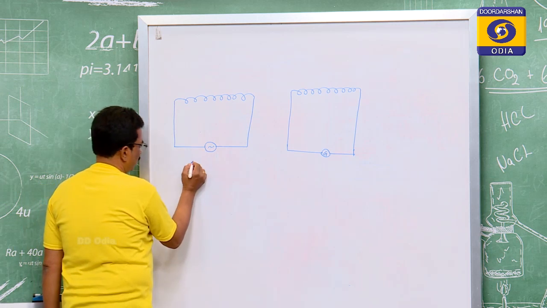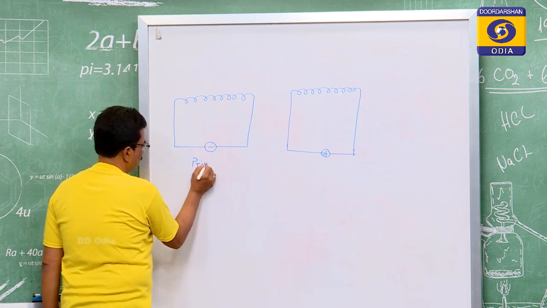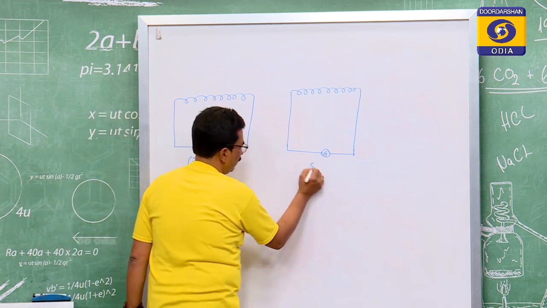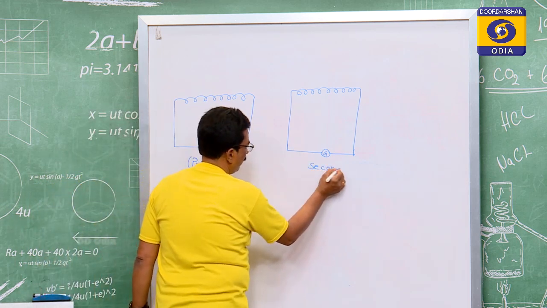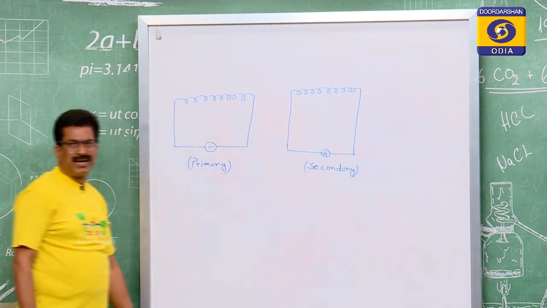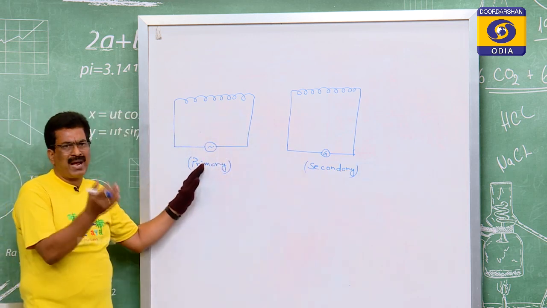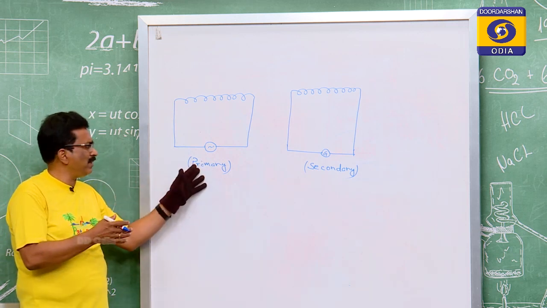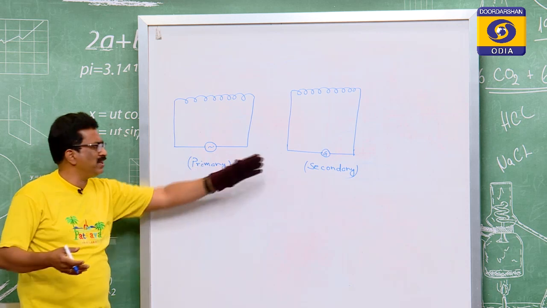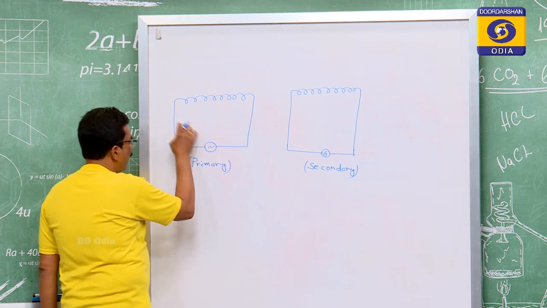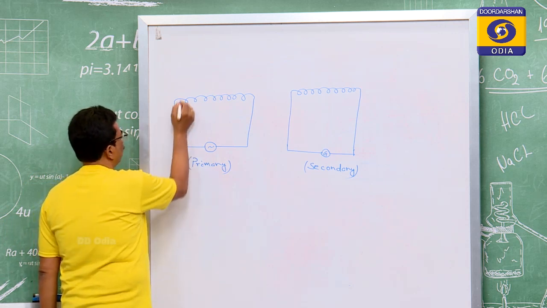This is the first coil; let us take the first as the primary. This is the secondary. As we say, primary education means the starting one, the fundamental, and its higher form is the secondary. So this is the first coil in which we have to control the flow of current.